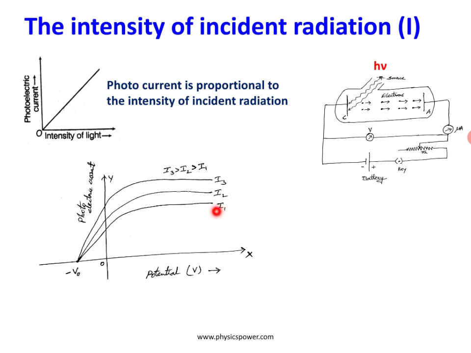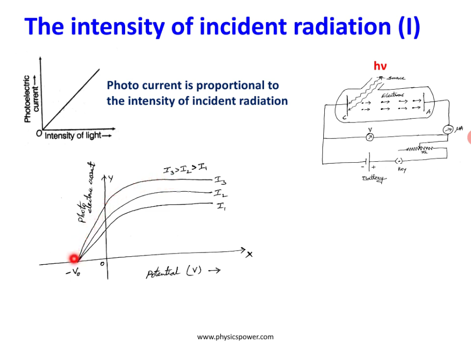For a particular intensity I1 you will get a graph like this, but if you increase the intensity to I2, I3, where I3 is much greater than I2 and I2 is greater than I1, then as compared with I1, for I2 we got more saturation current, and for I3 much more saturation current. Saturation current means maximum current, so the maximum current depends upon intensity. That is why we got a graph like this.